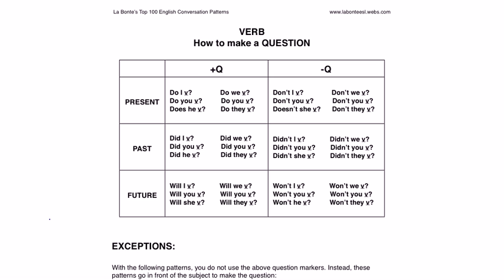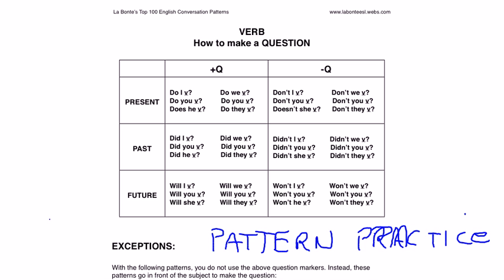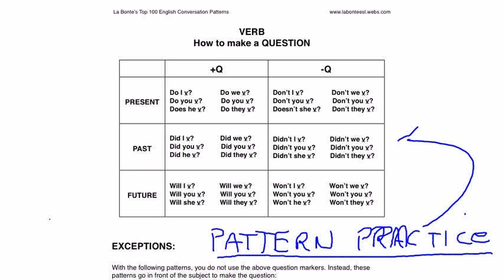The goal here is to familiarize the student with the ways of making questions. In the teacher's guide, I also have a snapshot or a template. It's entitled Pattern Practice, and it's the same format here without the written form.